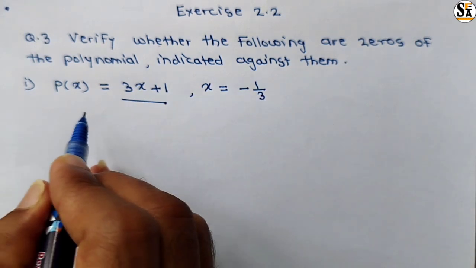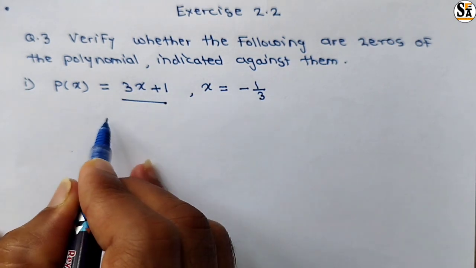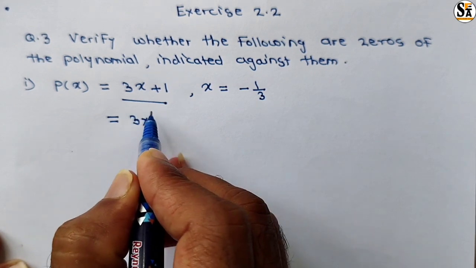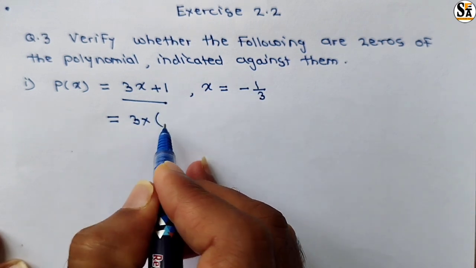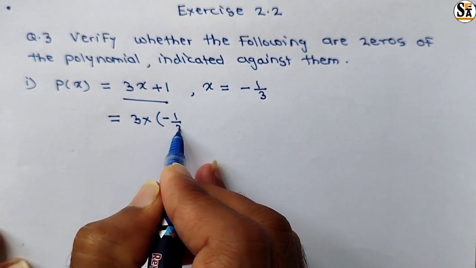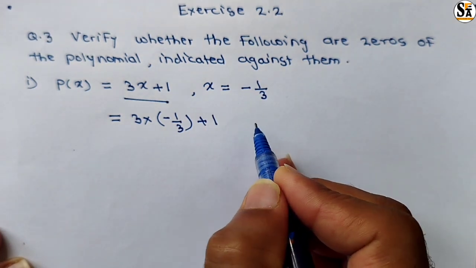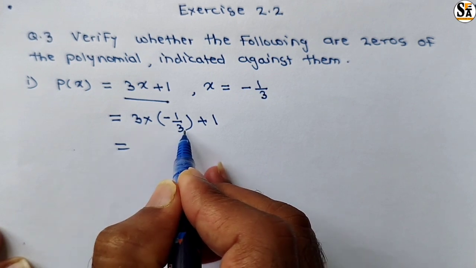So let's see the first one. Put the value of x as minus 1 upon 3 in this polynomial. We will get 3 into, instead of x, put the value of x as minus 1 upon 3, plus 1. If we solve this, the 3 and 3 will get cancelled.